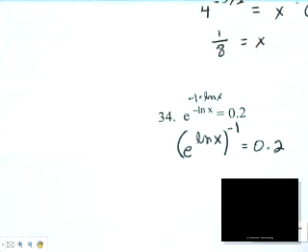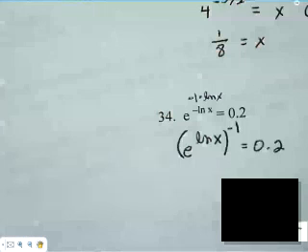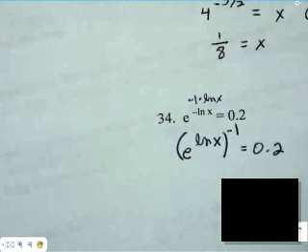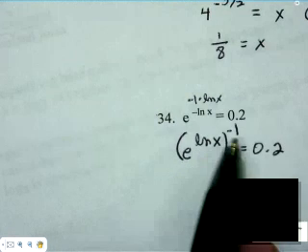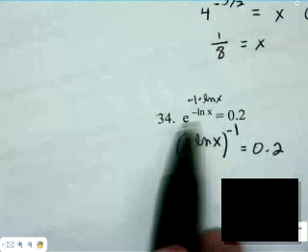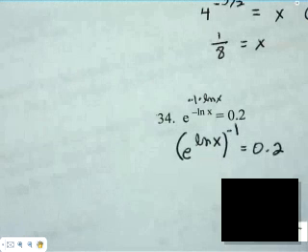Is that equivalent to the line above it? Yes, it is. Write down what you want and then figure out how to make it happen. Most importantly, check. Raise a power to a power, you multiply them. Sure enough, that gives me back what I started with.